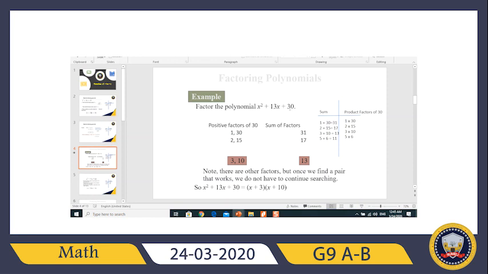So if I add 1 plus 30, it will give me 31, 2 plus 15, 17, 3 plus 10, 13, 5 plus 6, 11. Which of these two factors has a sum of 13? 3 and 10. So I will write down here 3 and here 10, or 10 and 3. It doesn't really matter.